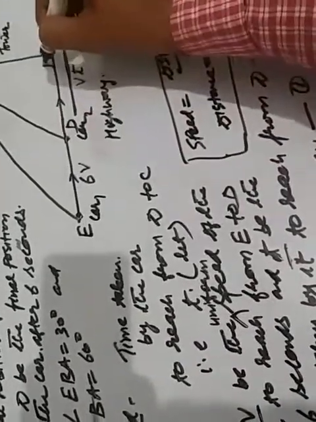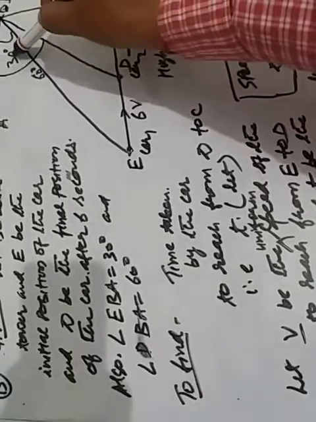Now in triangle BCD, angle C equal to 90 degree. This implies that tan, see one thing here, we have forgotten to write at the beginning.